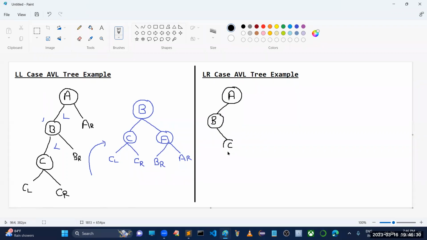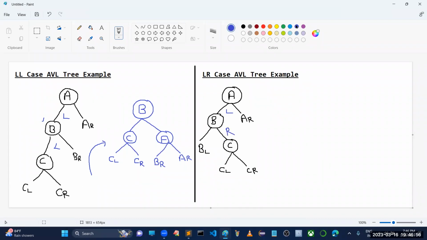For B, BL is nothing but the left child. And for C, CL is the left child. So CR will become the right child. And for A, AR will become the right child. Like this we have. Now which rotation is it? It is left to this and right to this, LR.